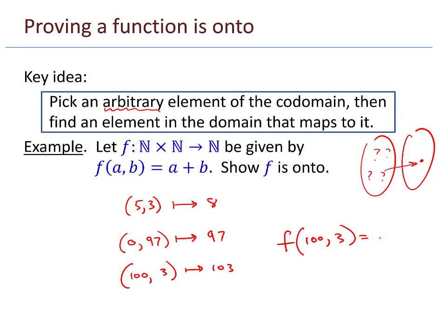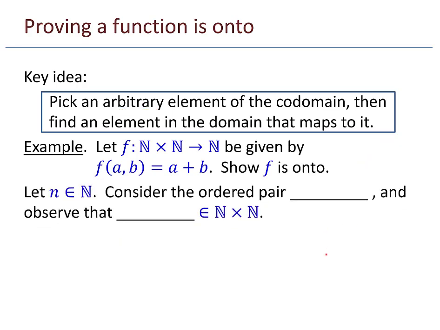Officially, I ought to write f of the pair (0, 103), because I really see that as an element of the naturals cross the naturals. But we don't ever do that. That's just too many parentheses to worry about. So we just drop the extra set of parentheses and say f of (0, 103) equals 103.